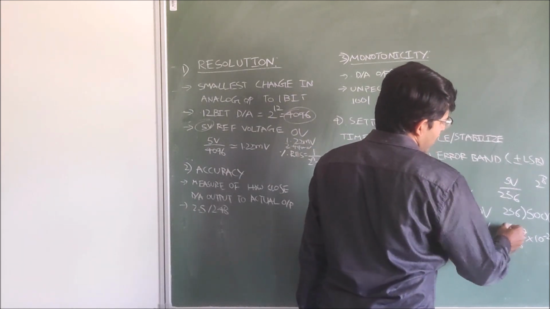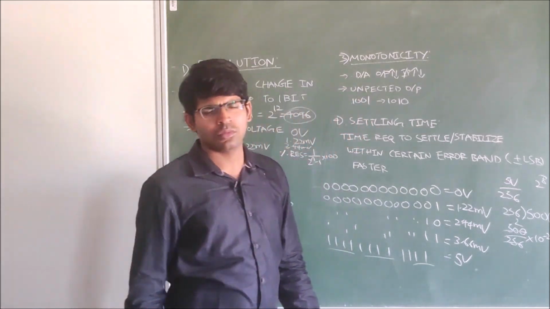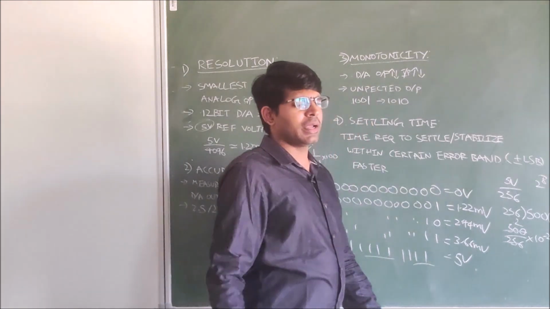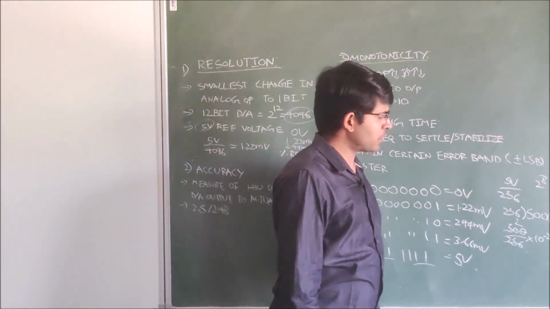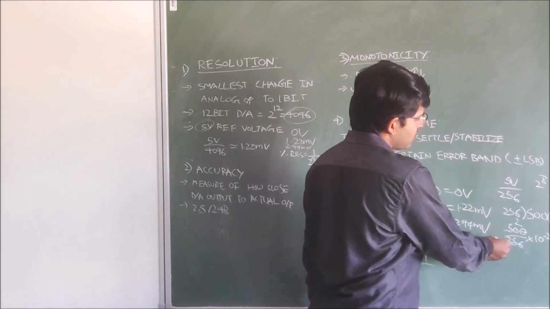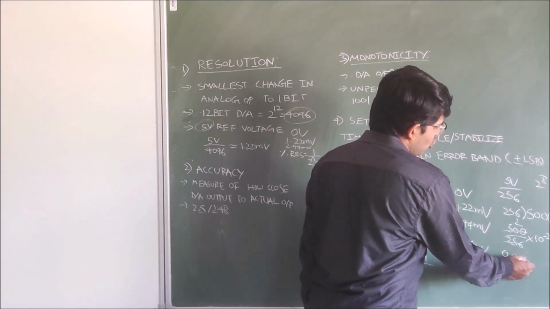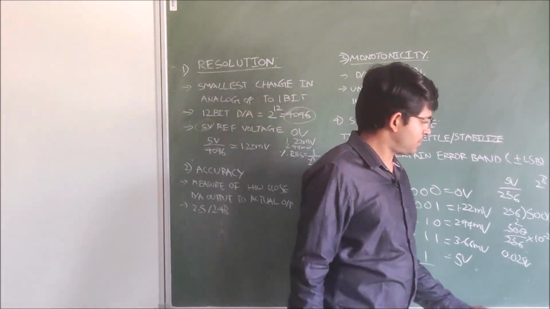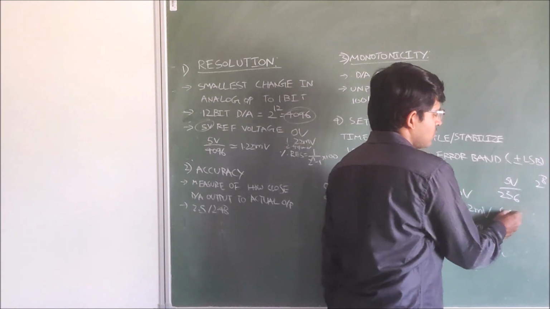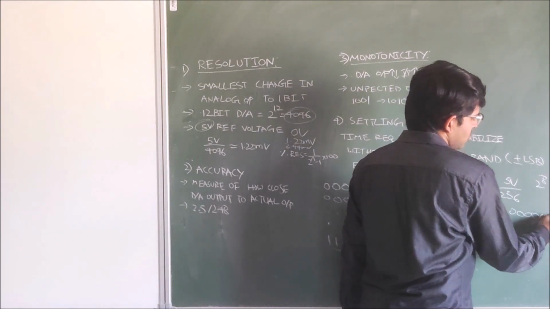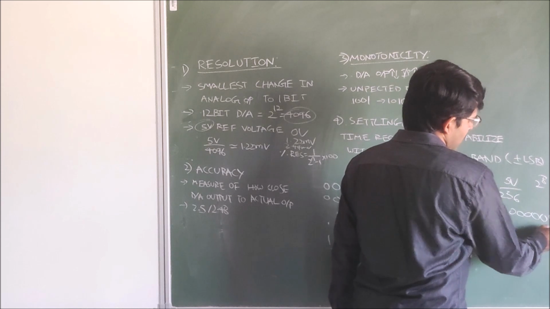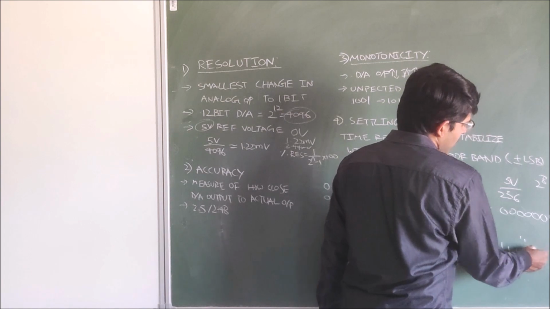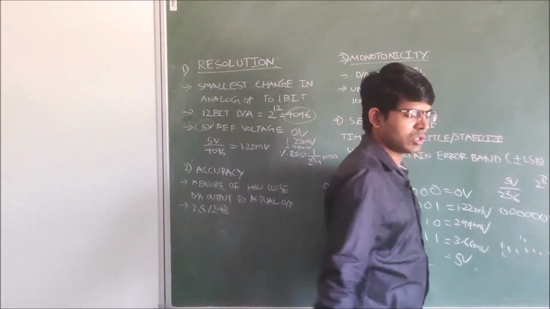I am neglecting the small values. So this will be 0.025 volts, a small change in the output value. Then 0, 0, 0, 0, 0, 0, 0, 0 is equal to 0 volts. Next one, 0.025 volts. Similarly, when all are ones, it is 5 volts.